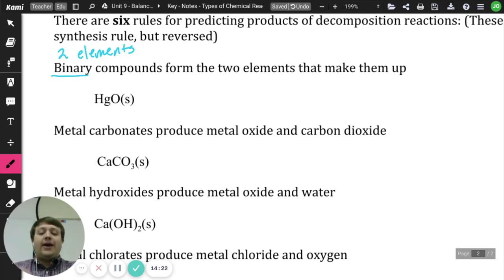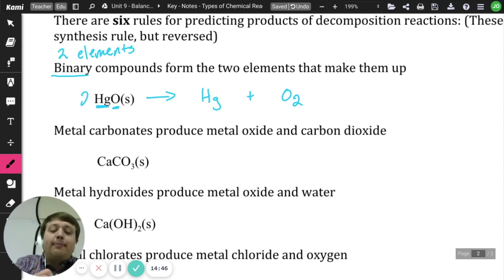Okay, so if I take two elements here, what they're going to do is they're going to break apart into their base parts, just into the elements that make them up. And so here I've got mercury and oxygen. Now I put O2 there because oxygen is a diatomic element, so you do need to remember that oxygen will be found in O2. Okay, then I would go in and balance, which would be 2 and 2.